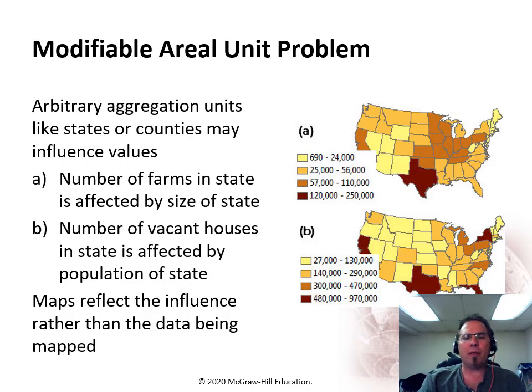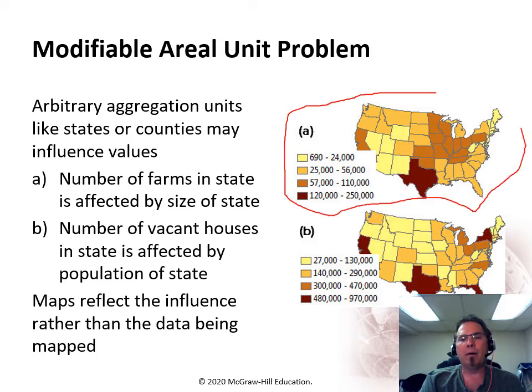So when you're mapping with class data, one of the things you have to keep in mind is what's called the modifiable areal unit problem, or MAUP. What this is, you have a summation plus the problem of area. If I showed you map A here, this is the total number of farms, the sum of the number of farms in the United States.